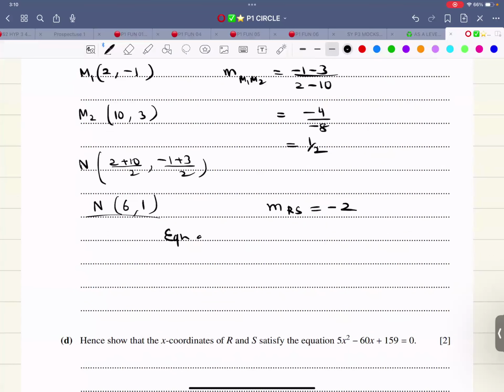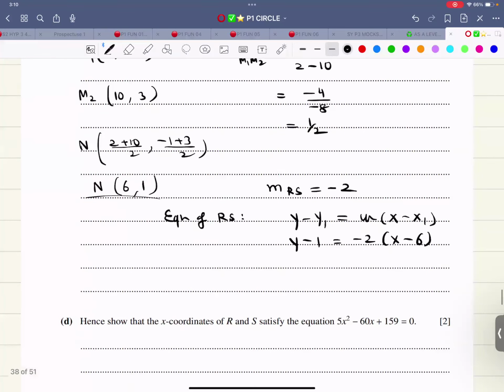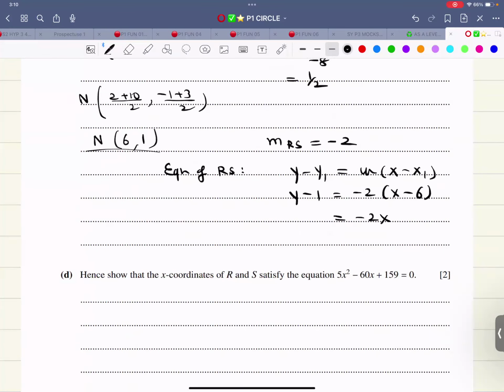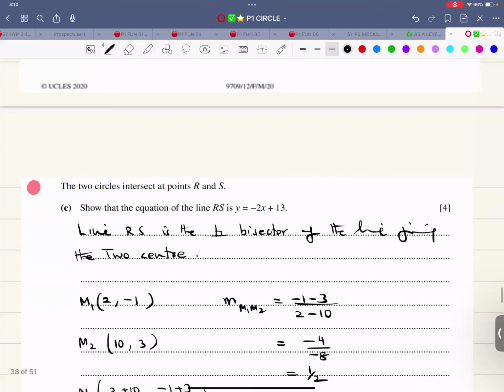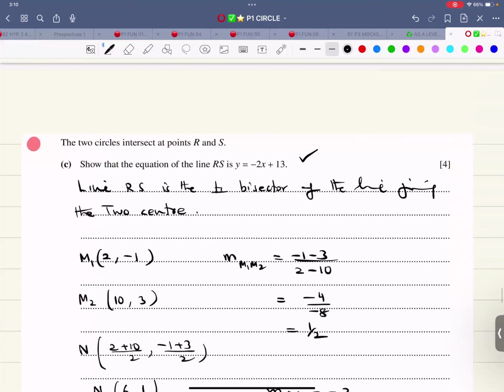Therefore, equation of RS should be y minus y1 equals m(x minus x1). So therefore, y minus 1 is -2(x minus 6). Expand, -2x plus 12 plus 1. Y is -2x plus 13. Hope it's right. It's all good. It's all perfect.